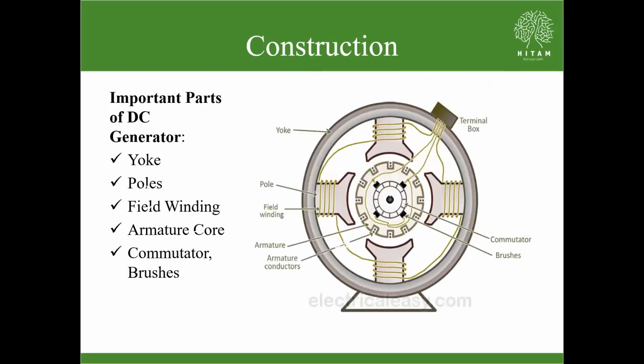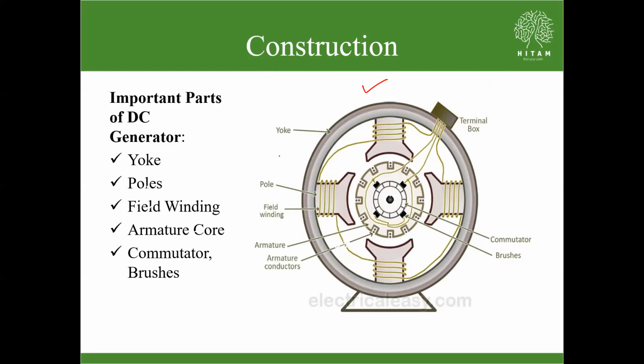Now see, this is the most important diagram that you have to draw in your examination. This is the mandatory diagram you have to draw. See here the outer part.